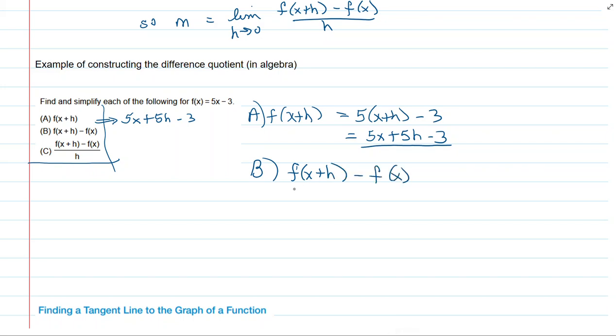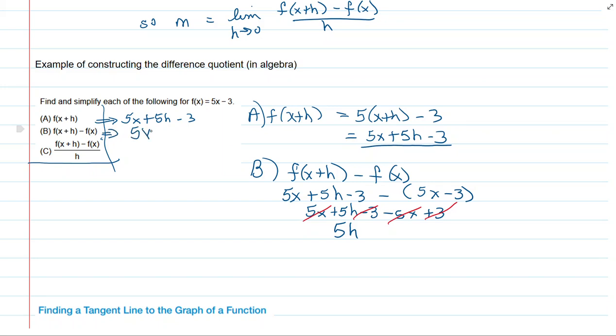So this guy I already know, minus the original function. And then we're going to cancel out additive inverses. And I'm left with 5h. Sorry, I was going to put an x, and I apologize.